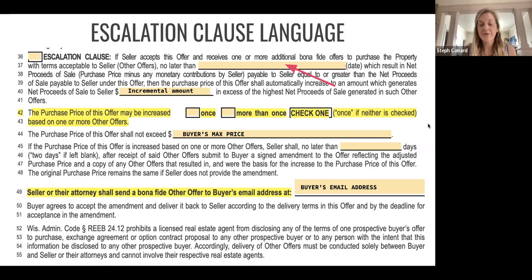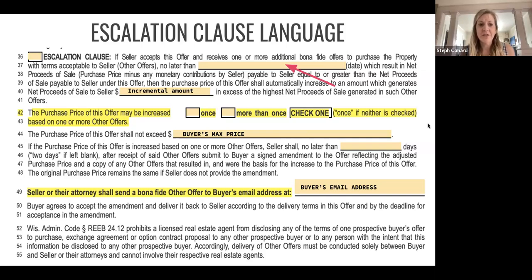But generally speaking, in the $250,000 to $500,000 range, I see increment amounts of $1,000 to $5,000. That's also a point that can be of value to the seller, depending on what you write in for the increment amount, in excess of the highest net proceeds of sale generated in such other offers.